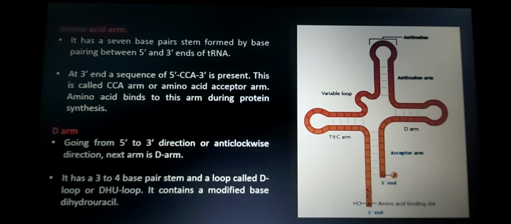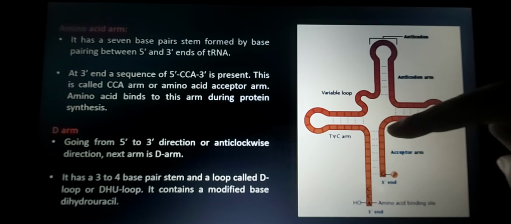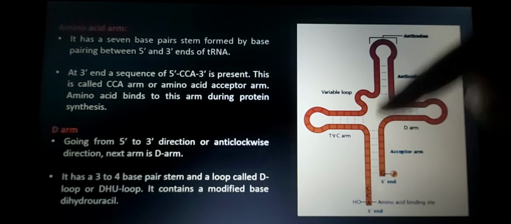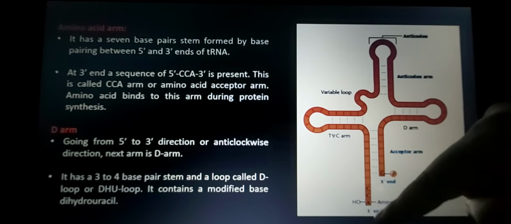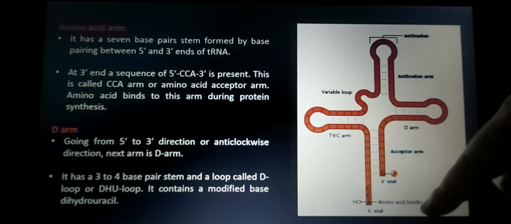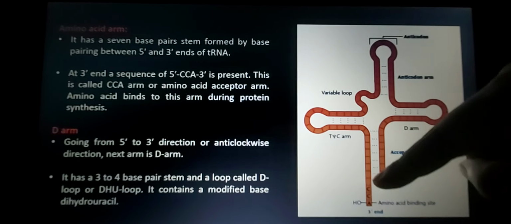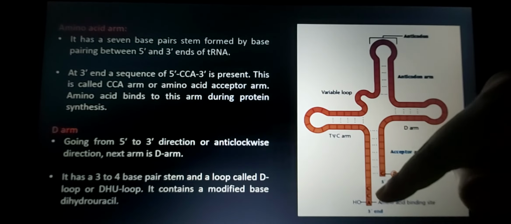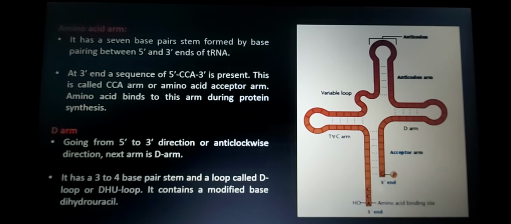Now, if we look at the structure in detail, there are certain parts which have been named on the basis of their function. If you look at this particular region, this is known as the amino acid arm. Why amino acid? Because at this end, which is the 3' end of the tRNA, the amino acid binding takes place. The sequence here is always CCA in all the tRNAs. This arm is known as the amino acid acceptor arm.